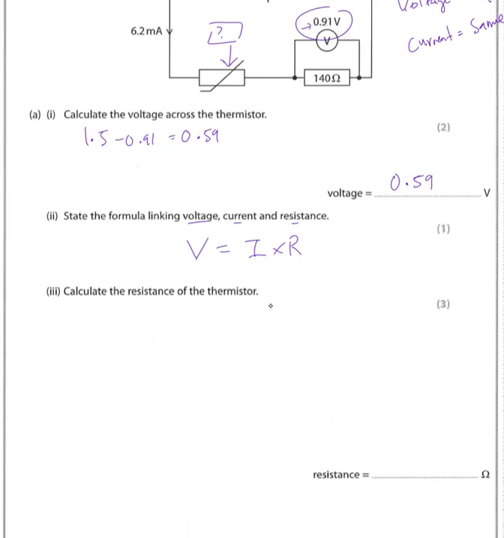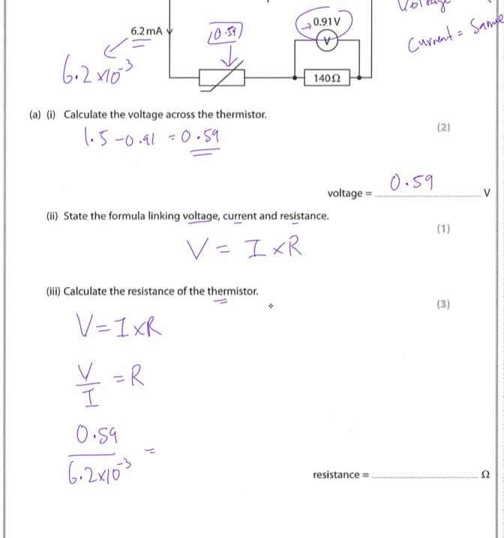Now we need to work out the resistance of the resistor. We know that this here is 0.59. So V is equal to IR. To work out the resistance, I need to rearrange it, so V divided by I is equal to resistance. V is 0.59, divided by the current. We know the current is this much, 6.2 times 10 to the power minus 3, so we need to convert this.